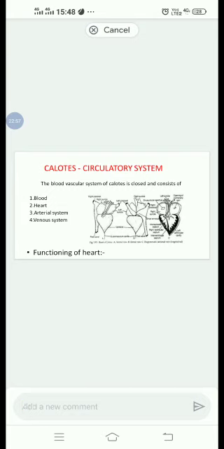A cord of white tissue called the gubernaculum cord arises from the posterior end of the heart. It connects the heart and the liver.